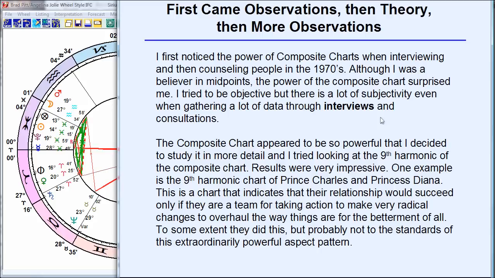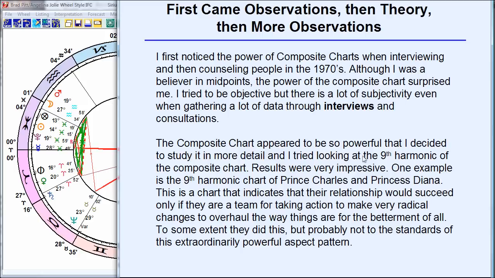First of all, the composite chart would intuitively seem not to be as important as the synastry aspects. And then a harmonic chart seems to be a minor thing. So you're taking a minor thing of a minor thing. This couldn't possibly be important. And what I'm suggesting is that it's the most important. That there are these vibrational systems that define what's going on.